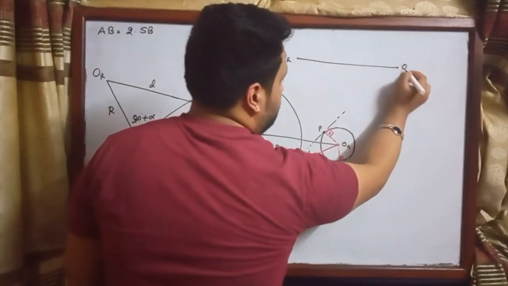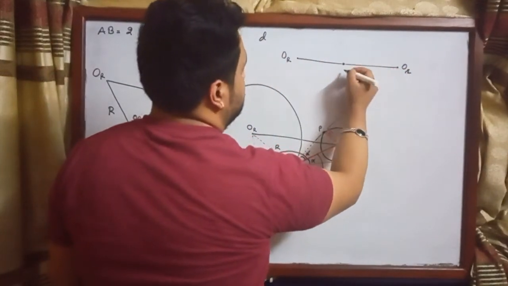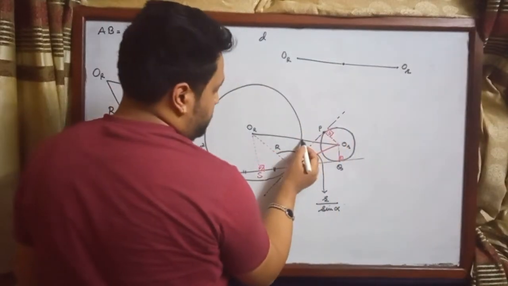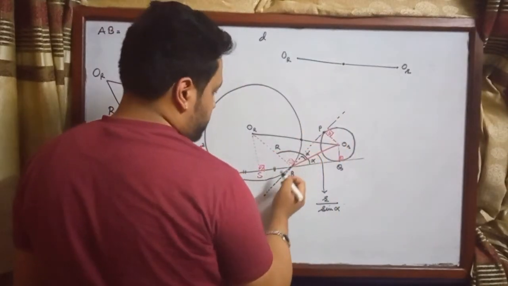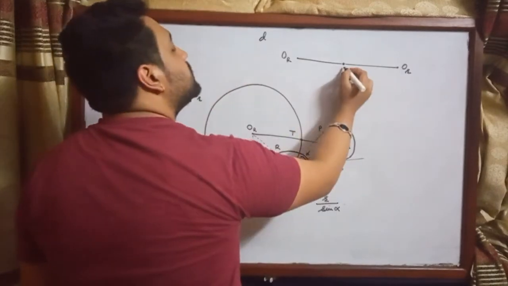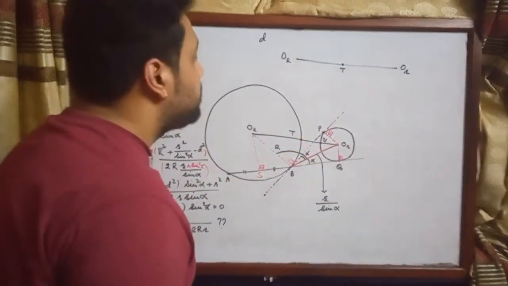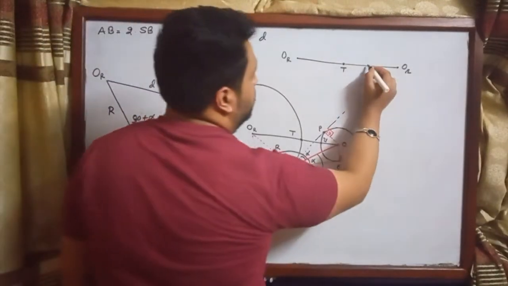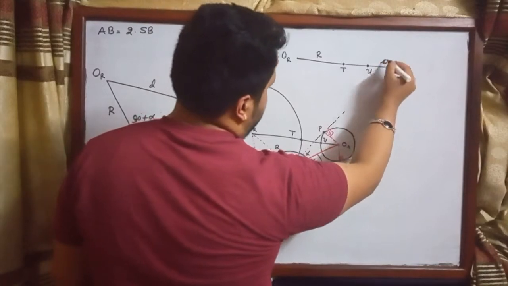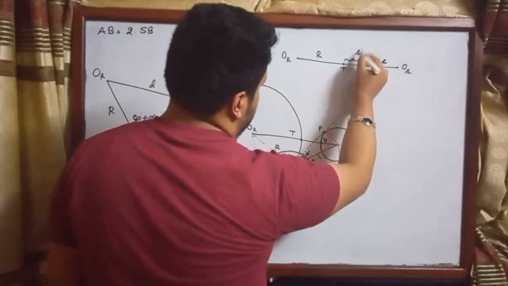OR, this point, let's call it S, and this, let's call this U. T is somewhere over here, and U is somewhere over here. This is capital R, this is small r, and let's say this is S.